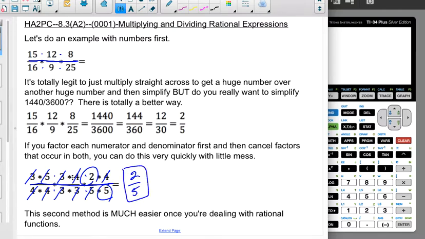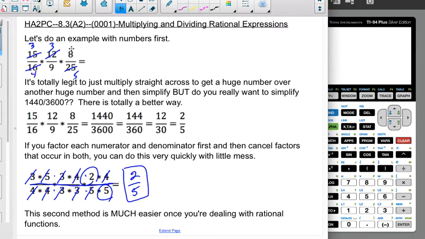Now, it might not look like it did here if I were doing this on my own, not in a way that had been written for you in advance. Just to show you the gist of what this might look like, and some of you have probably done this before, I might say, oh, look, I can cancel a 5 from here and from here, right? So now instead of being a 15 and a 25, it's a 3 and a 5. I can cancel a 4 from here and here.